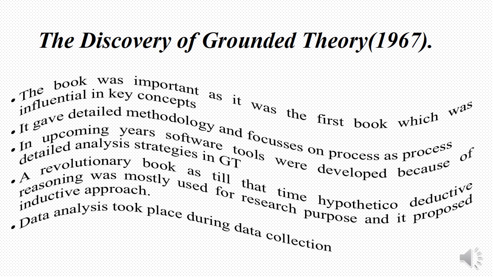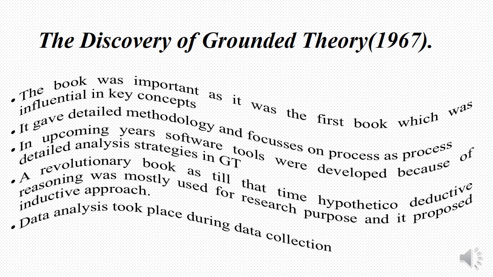The Discovery of Grounded Theory, the book, was important as it was the first book which was influential in key concepts. As I told you earlier, hypothetico-deductive reasoning was in vogue then. Quantitative research was going on very rapidly and swiftly. People posed a great trust on the results and objectivity of those quantitative research findings.